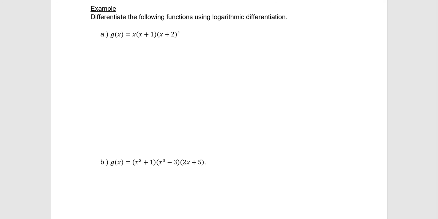The first step is we're going to take the ln of both sides. So it's the ln of g of x equals the ln of x times x plus 1 times x plus 2 to the 4th. And we took the ln of both sides.